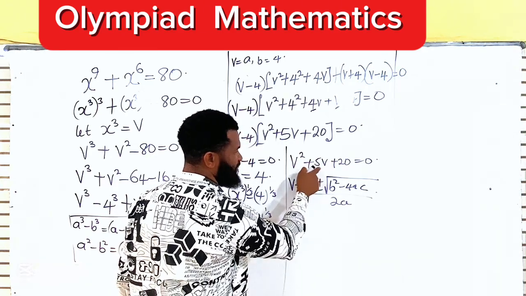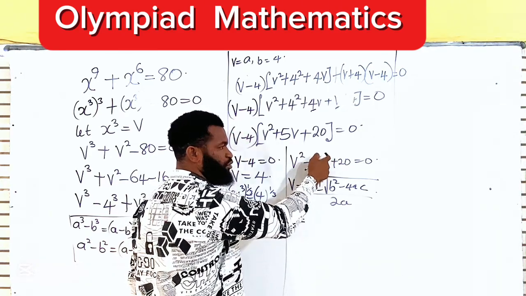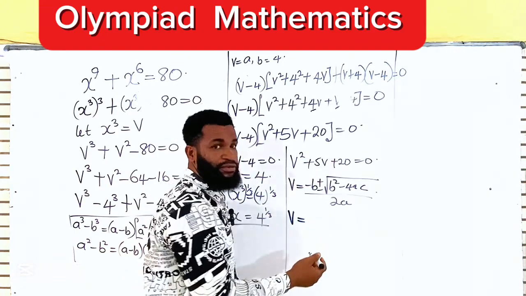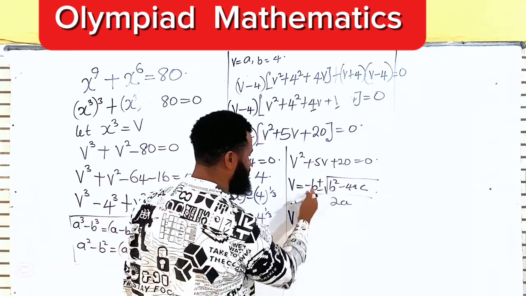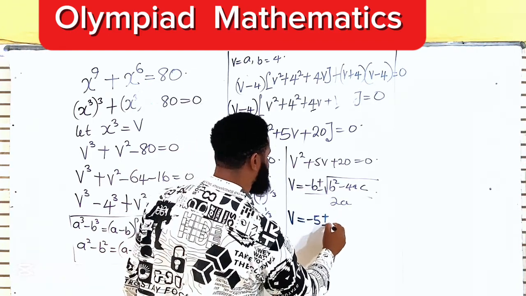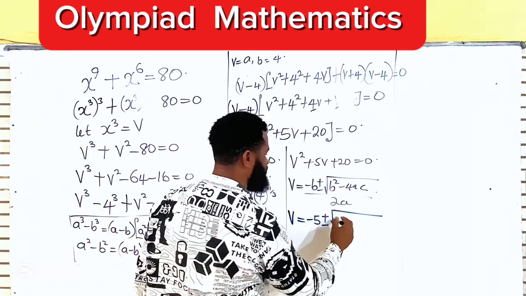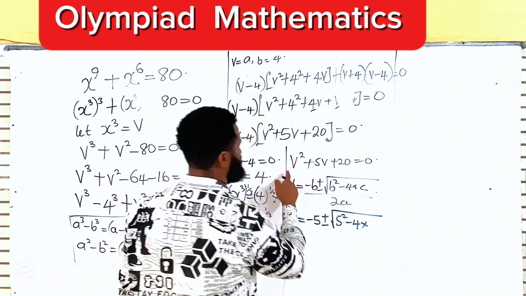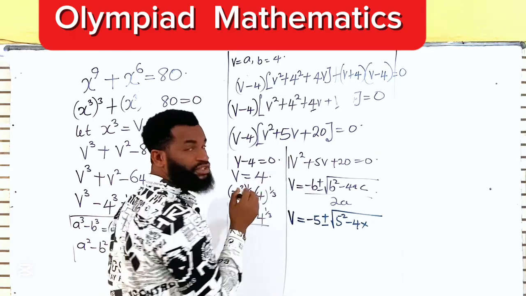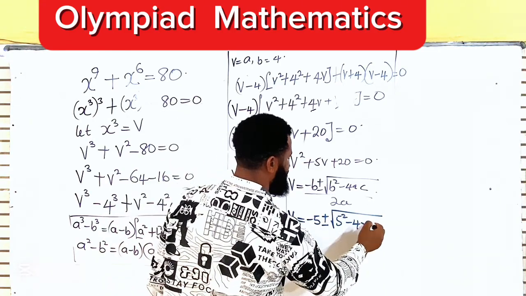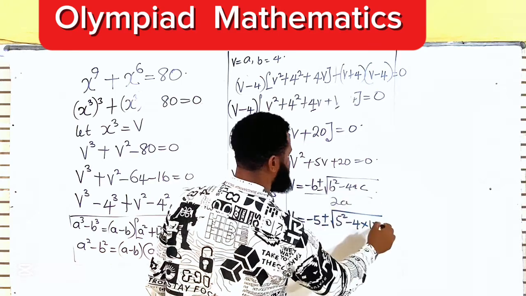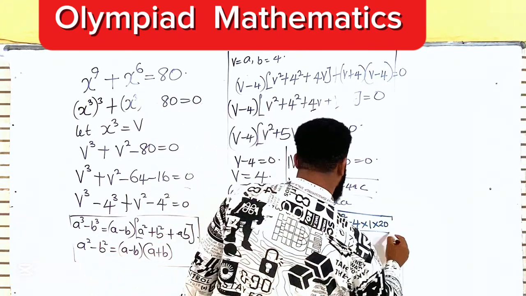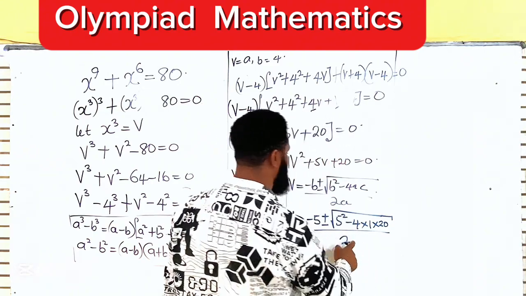Remember, B is the coefficient of V, the middle term. So I'm having minus 5 plus or minus 5 squared minus 4 times A, where A is the coefficient of V squared, which is 1, times C, which is 20, all over 2 times 1, which is 2.